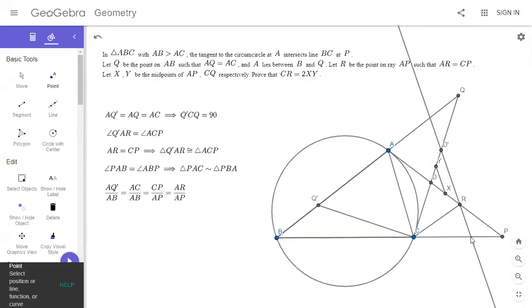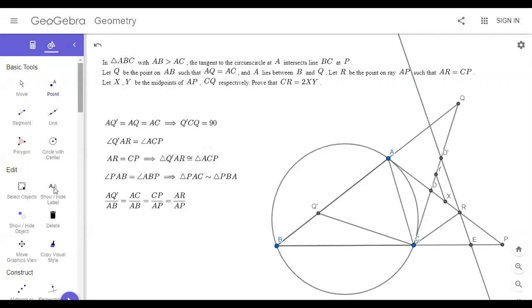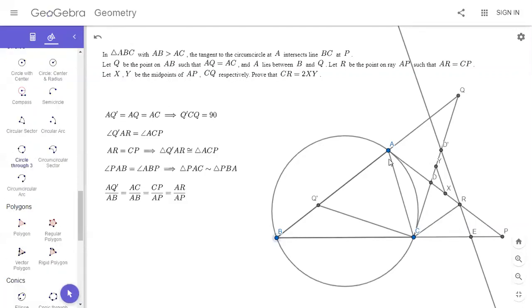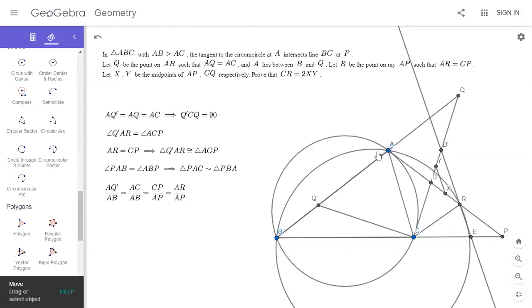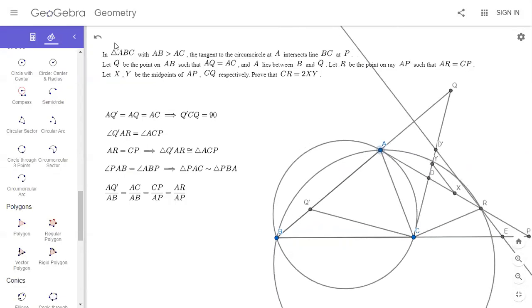So Loom in the chat is saying that this is cyclic. I'm not sure if it is. No, that's not a cyclic quadrilateral.